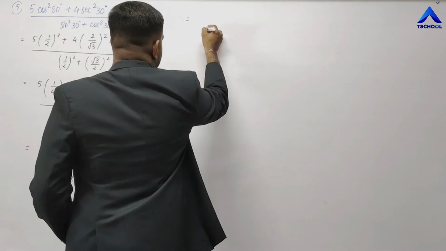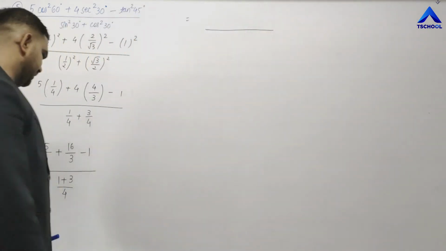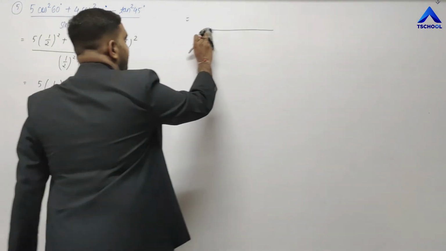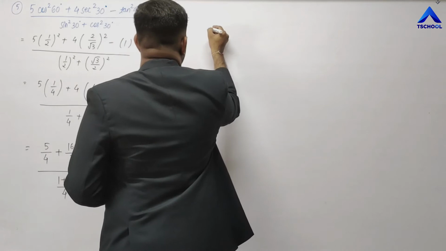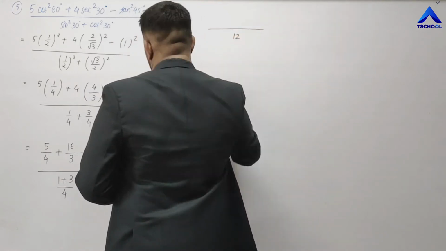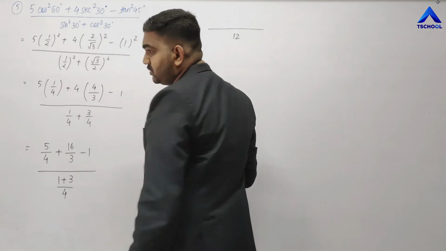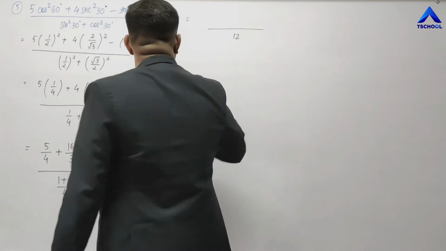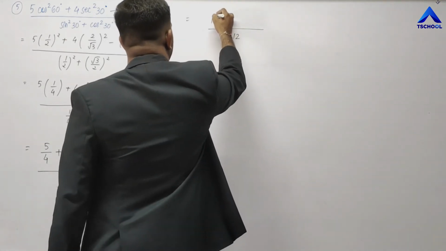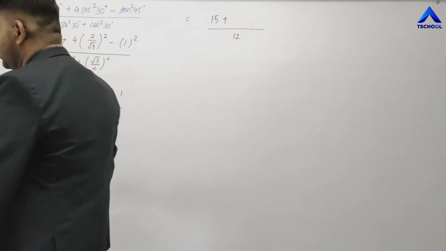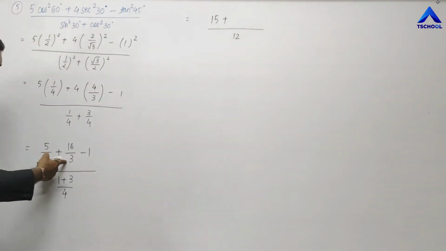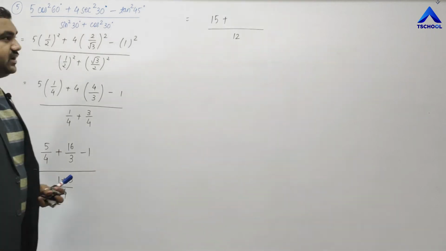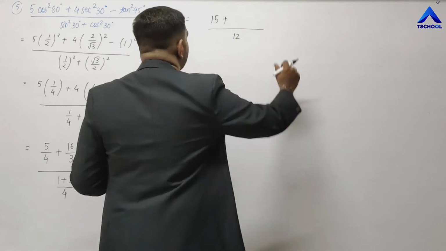So let us take the LCM in the numerator. What will be the LCM here? 12, right? The LCM in the numerator is 12. Here 4 into 3 is 12, so in the numerator also 5 into 3, 15, plus. Again in the second term there is only 3 in the denominator, so we need to multiply by 4 there. 3 into 4 is 12, so 16 into 4.